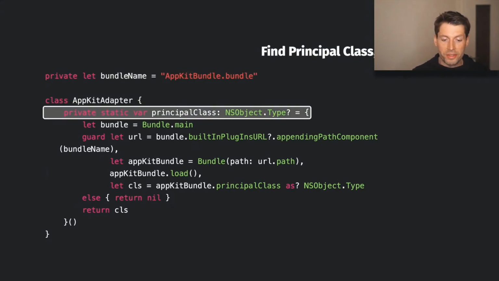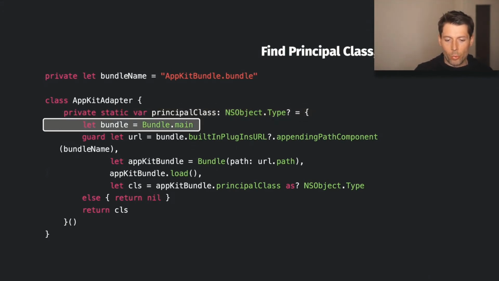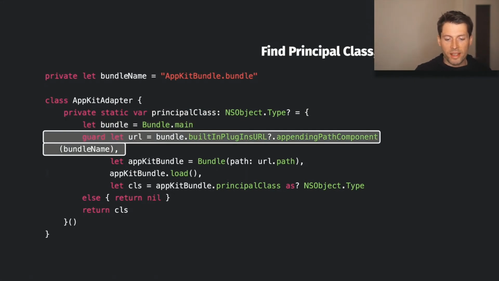First of all, this is a static variable that will return the principal class that we already defined just minutes earlier in AppKit. We take our bundle, that is our UIKit bundle, and we ask it for the bundle that contains the principal class, which is in our plugins bundle as part of the main bundle.